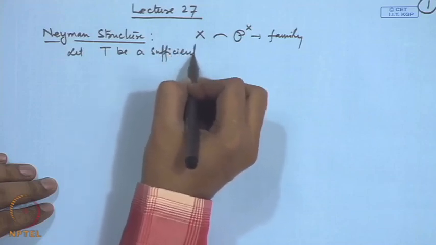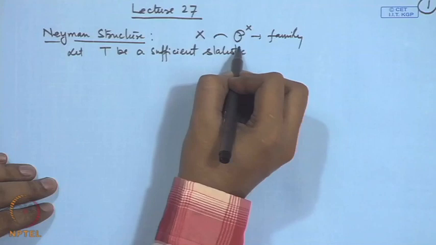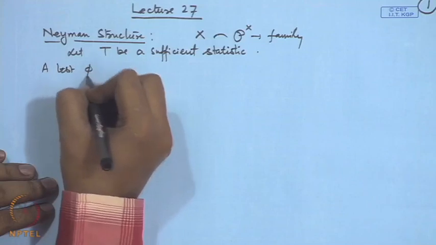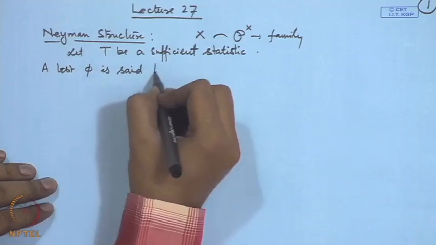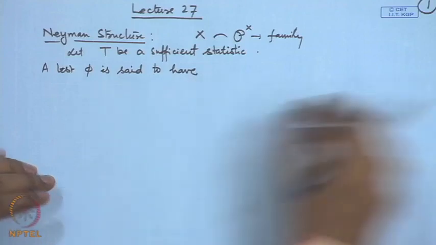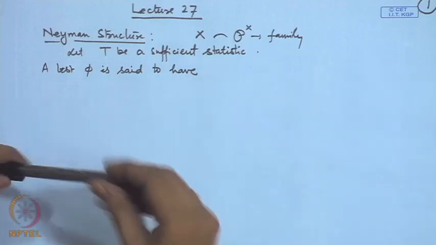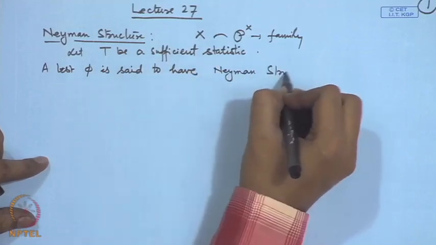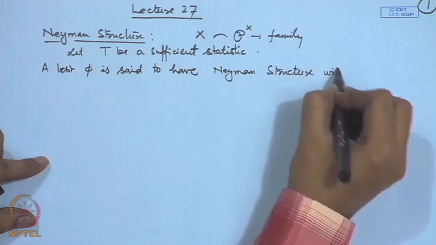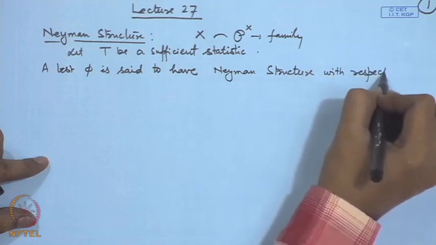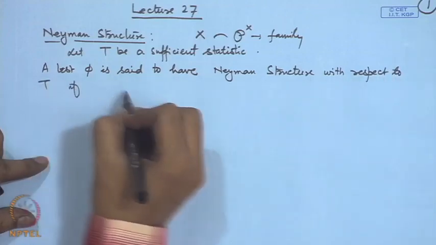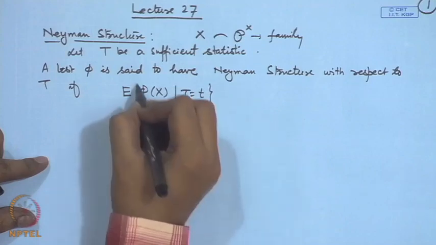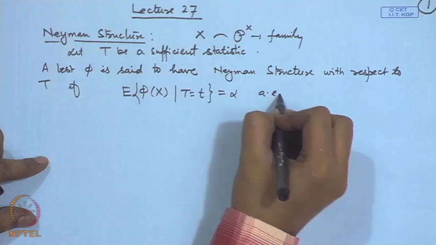Then a test phi is said to have Neyman structure with respect to T if the conditional expectation of phi(x) given T is equal to alpha almost everywhere T.